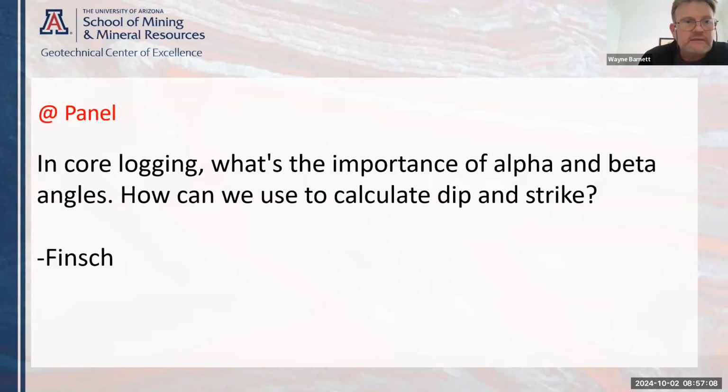So once you've got where the top or the bottom of the core is, then you can basically take a measurement of the angle of the core face, the structure that you're trying to measure, and you can also take a measurement of any lineations that you have on that face.